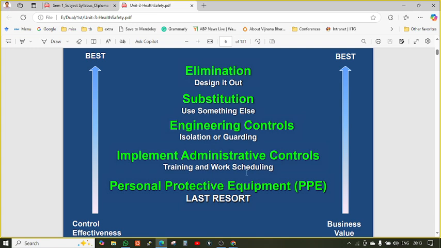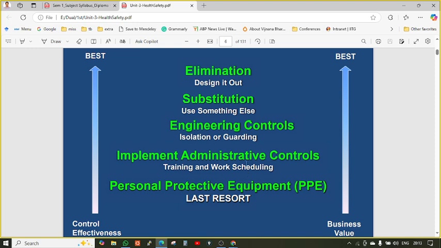These are the five important steps to work safely in your workplace. First is elimination: the hazards or unsafe conditions that could harm others, we have to eliminate.